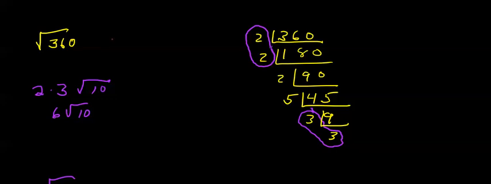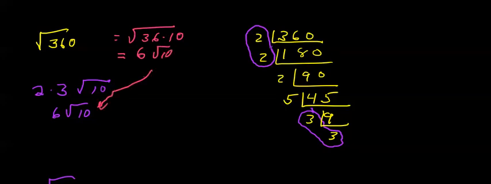Well, 360 is nothing more than 36 times 10. Why did I break it up this way? Because 36 is a perfect square, and the square root of 36 is 6. We get the same result. But sometimes you can do it with a lot less work.